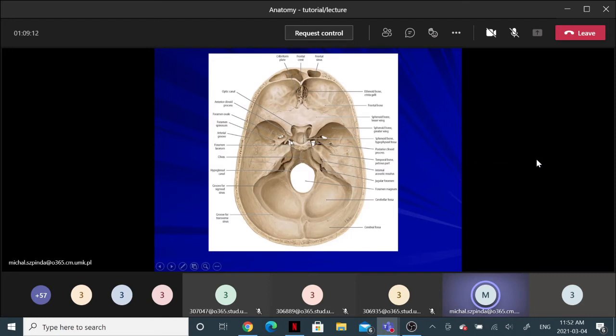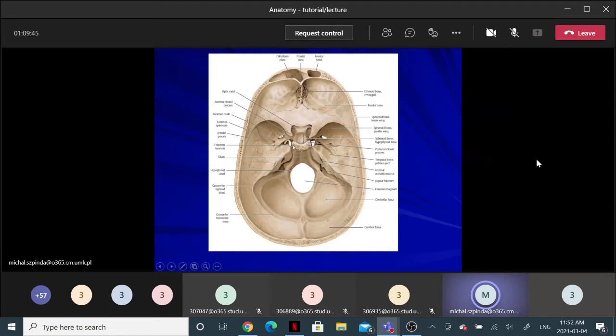Just on the anterior border of the foramen lacerum is the posterior opening of the pterygoid canal, or Vidian canal. Because of this, we cannot say that the foramen lacerum joins the middle cranial fossa with the external cranial base.